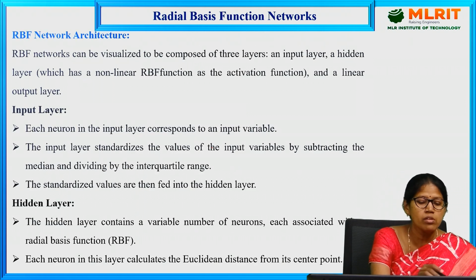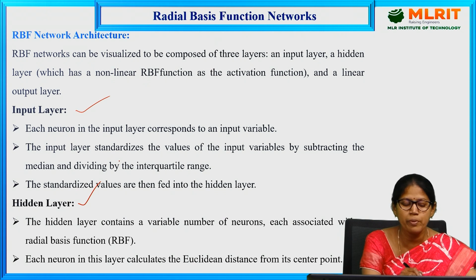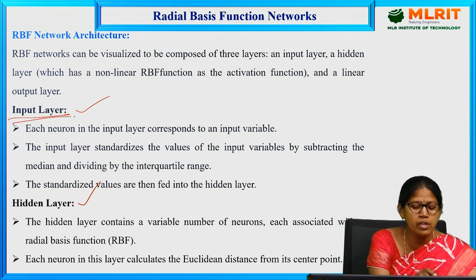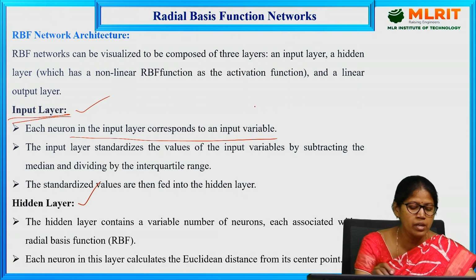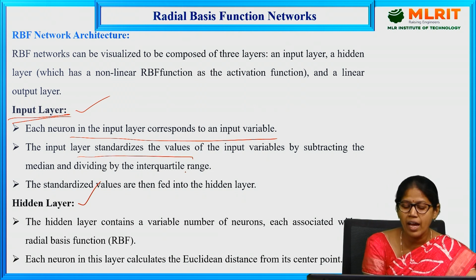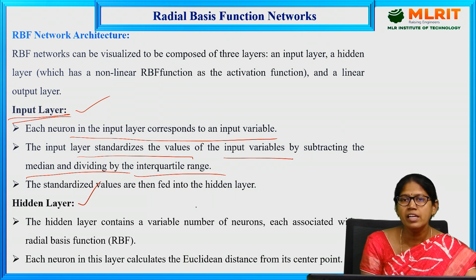The architecture consists of an input layer, hidden layer, and output layer. In the input layer, each neuron corresponds to an input variable. The input layer standardizes the values of the input variables by subtracting the median and dividing by the interquartile range.